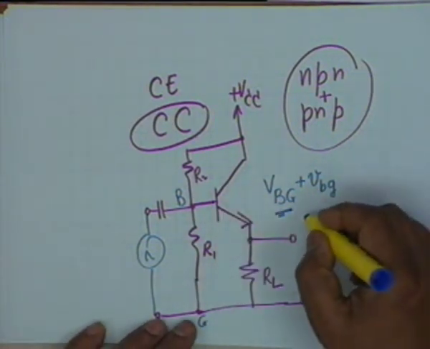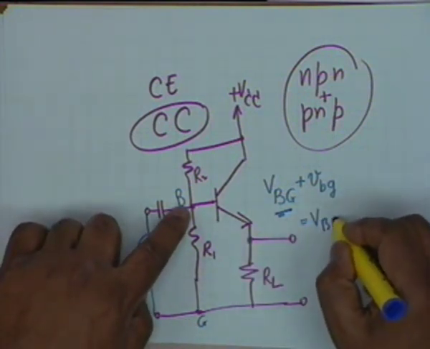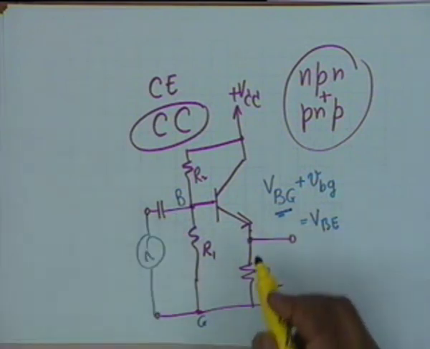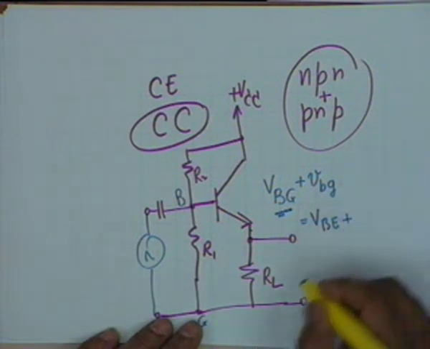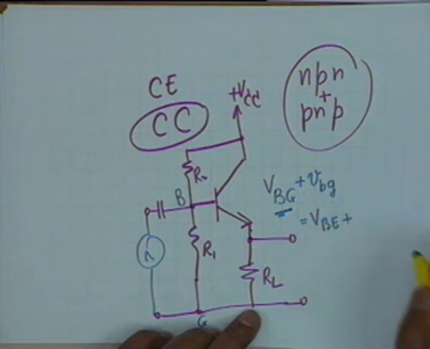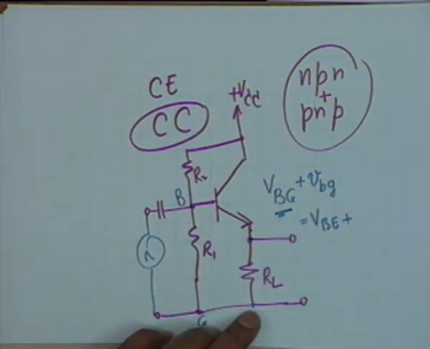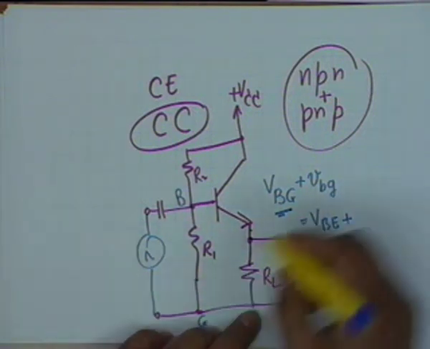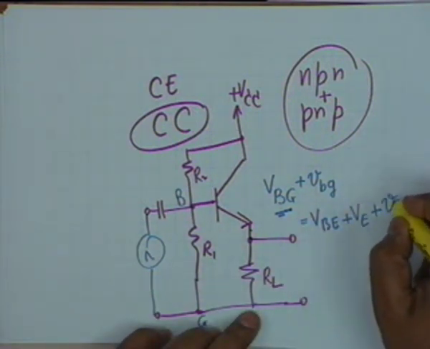Now obviously this must be equal to the VBE, which is DC, which is a constant when the diode is conducting, plus VE. VE has the voltage across RL has an AC part as well as a DC part. So VE plus small VE.